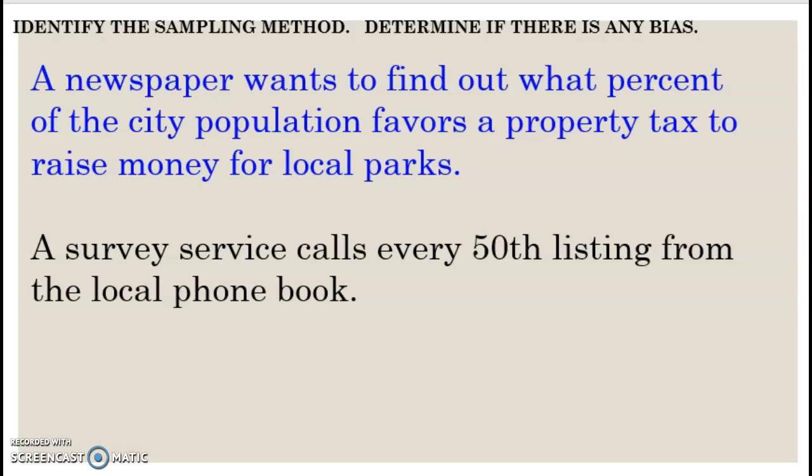If he goes to businesses and calls every 50th business, those people are paying property tax, so they might have some kind of bias on it. But if he stays just in the general alphabetized phone book, there probably isn't much bias.